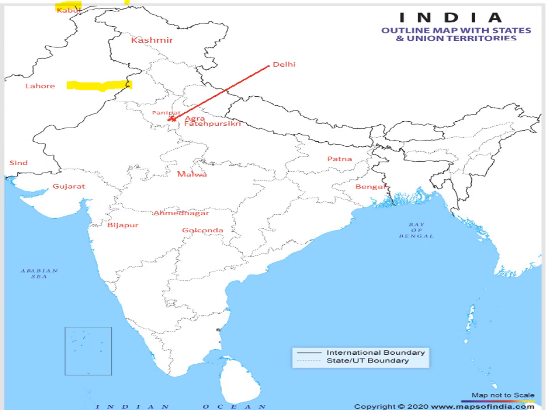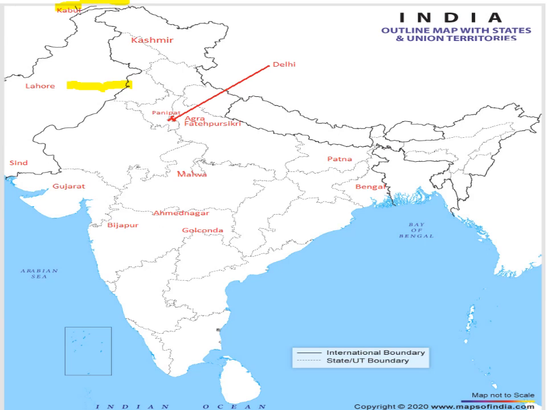So from the topmost point of Kashmir you can draw a horizontal line outside the territory of India, a little bit ahead, and write Kabul. So these three provinces are outside the territory of India as it exists today, and the rest of the 12 are in India only.